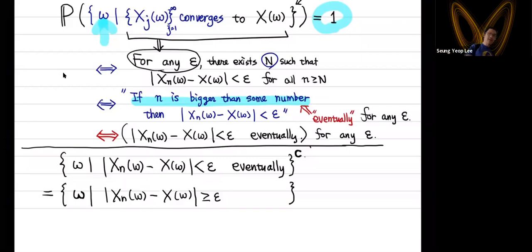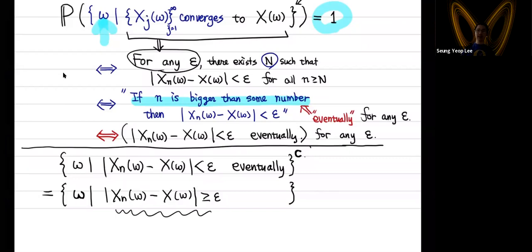If this kind of thing is bigger than epsilon only up to 1,000, then after 1,000 it's less than epsilon, so it's eventually the above statement. So this behavior should not end at any finite n. This should keep happening for all the infinity of n.